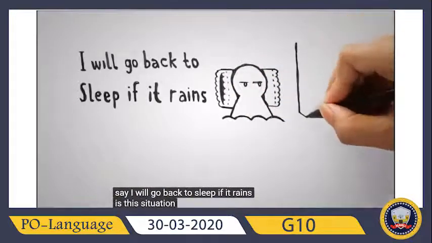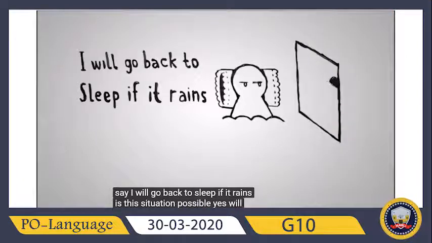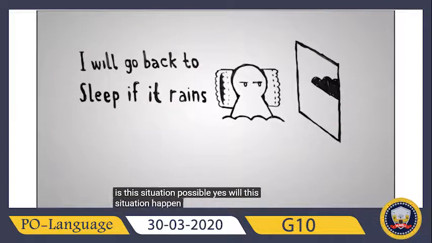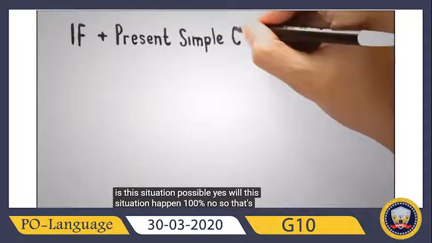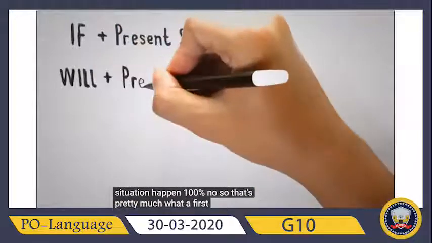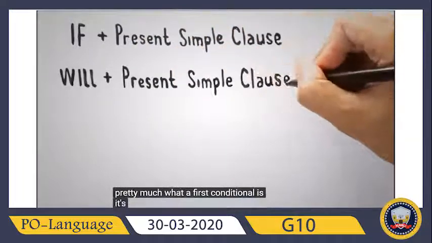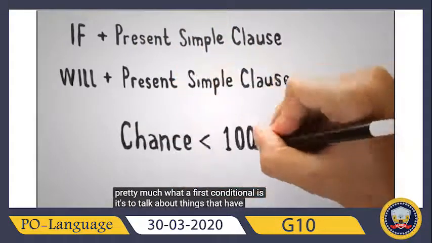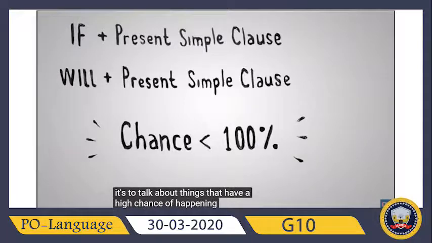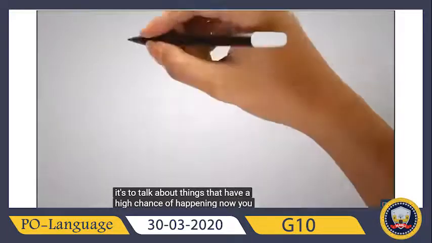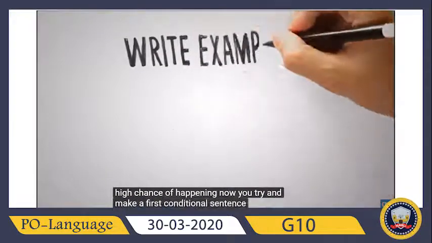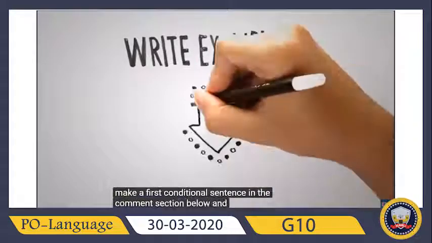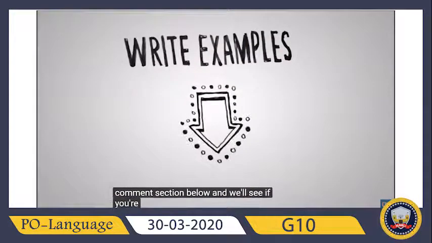Is this situation possible? Yes. Will this situation happen 100%? No. So that's pretty much what a first conditional is. It's to talk about things that have a high chance of happening. Now, you try and make a first conditional sentence in the comment section below, and we'll see if you're correct.